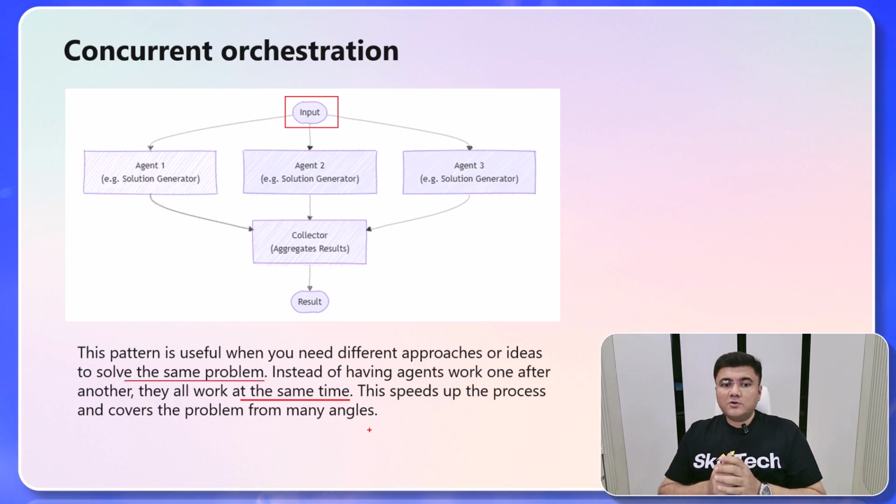So this is going to save time, but yes, it's also going to increase the cost, which you have to keep in mind. When you have 3 to 5 different agents running in parallel and trying to do different things, it needs more tokens, which means it is going to be more expensive. It can complete the task in less time, but the cost is going to be higher. So just keep that in mind.